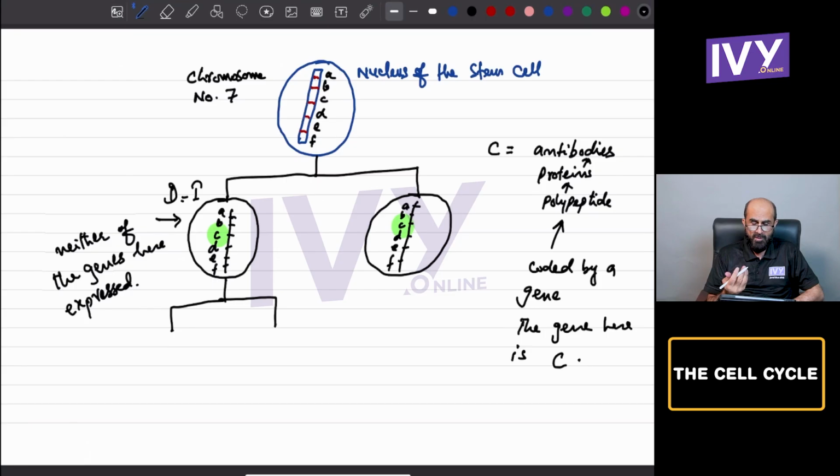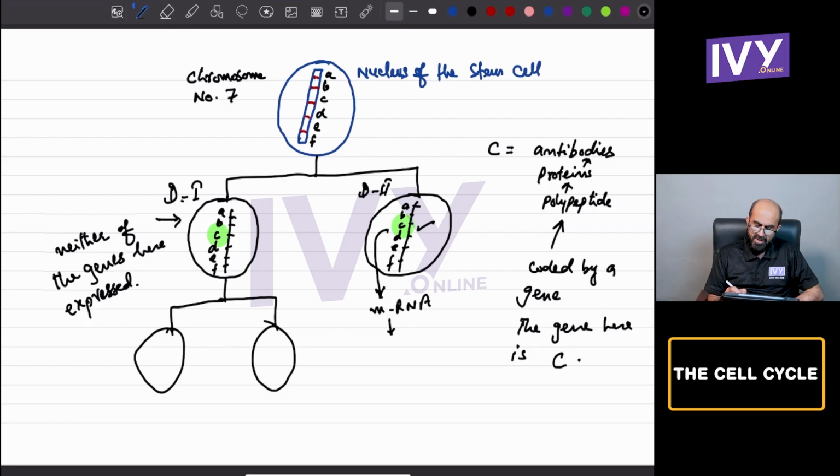If it does not perform its function, it remains a stem cell and again produces new daughter cells. Now what's going on in daughter cell 2 is that gene C has been expressed. Once gene C has been expressed, it makes messenger RNA.